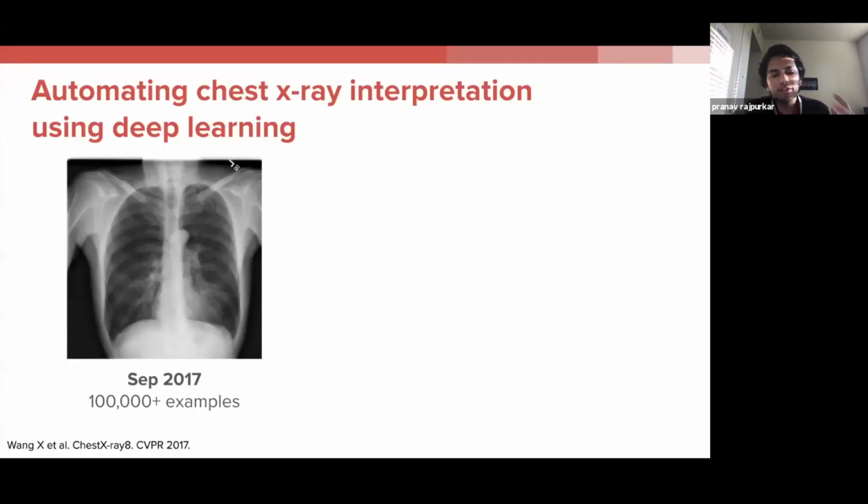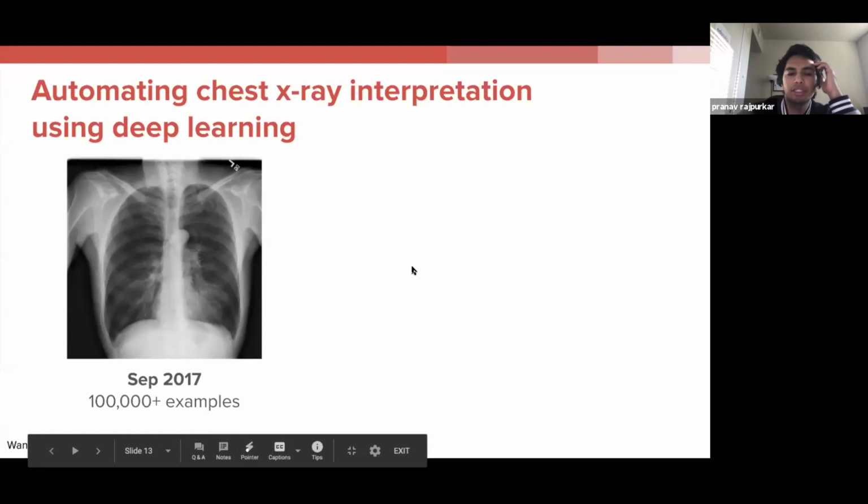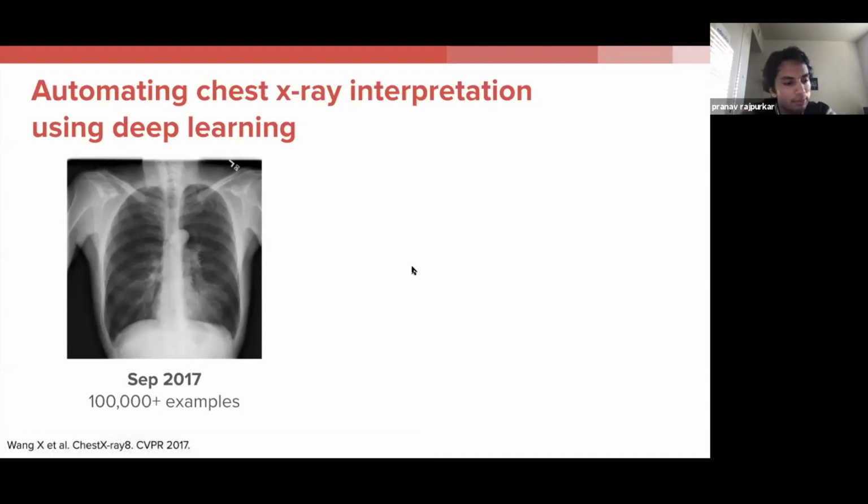So the field of automated chest X-ray interpretation has a long history, as do many research subjects. But really, there was a flip in the field in September 2017, when a large data set of chest X-rays was released by the NIH, with over 100,000 examples.